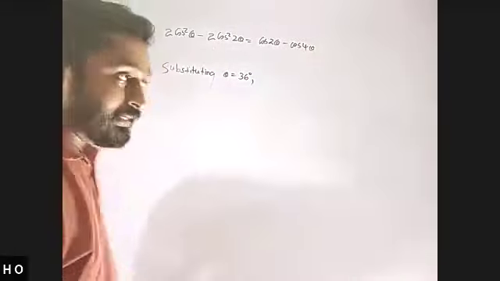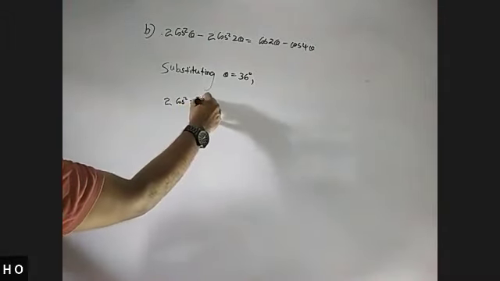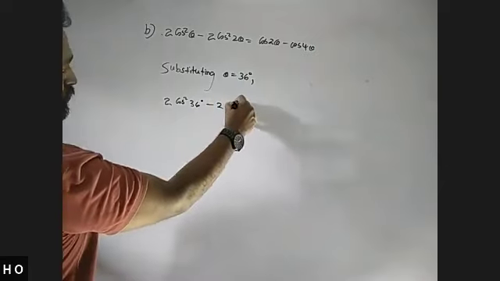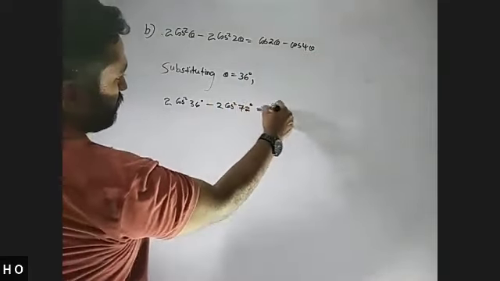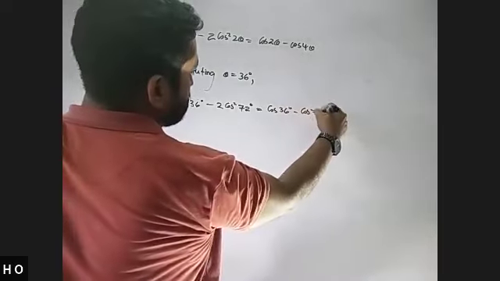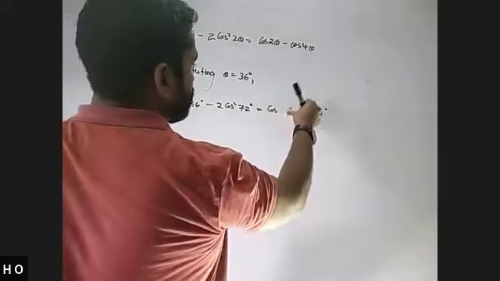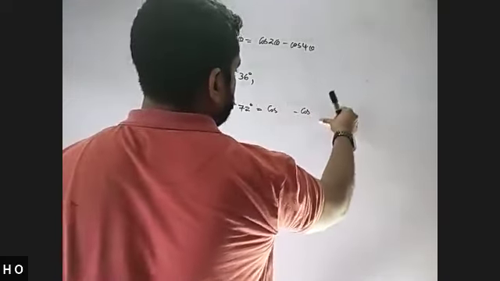You can deal with it more easily. So 2 cos squared 36 minus 2 cos squared 72 equals cos 72 minus cos 144.